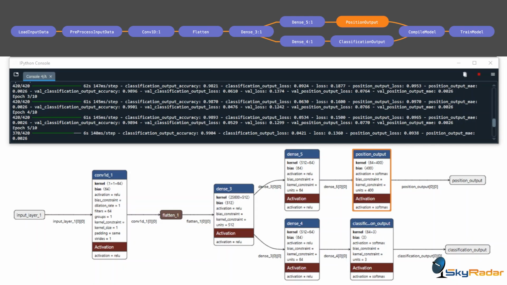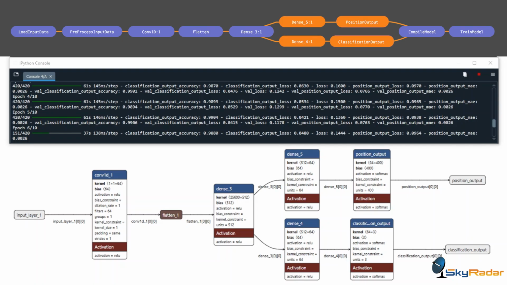effectively pinpointing the target. The second branch passes through dense 4, which also has 64 neurons and a ReLU activation function. This leads to the classification output dense block, which has 3 neurons, corresponding to the 3 classification categories. The softmax activation function ensures that the model outputs probabilities for each class, enabling it to differentiate between the presence of a high RCS target, a low RCS target, or no target at all.